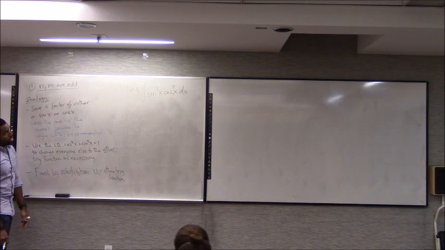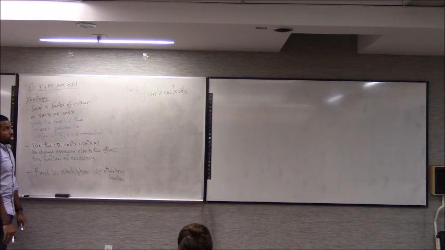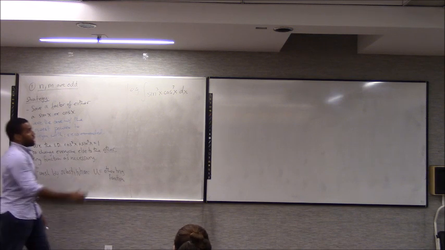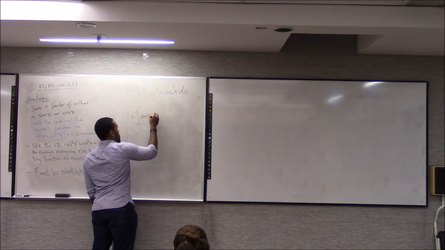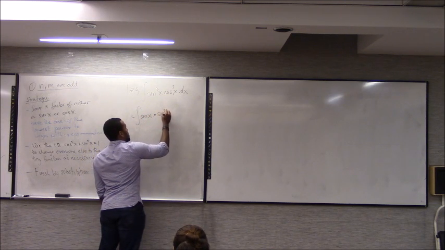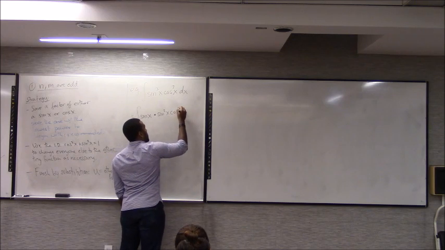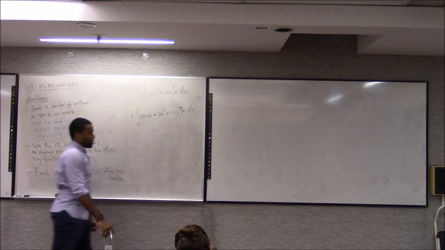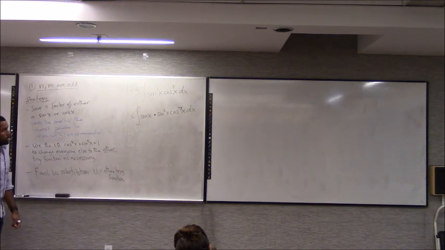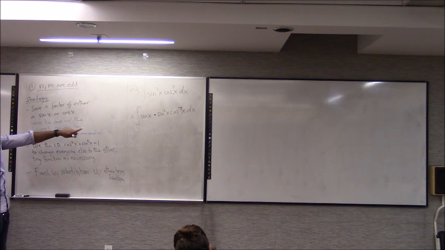So, here sine and cosine have odd powers. Sine has the smallest odd power. So what I'm going to do is I'm going to leave a sine alone. I'm going to split it up and separate it. So now the purpose of that sine is to act as my du.